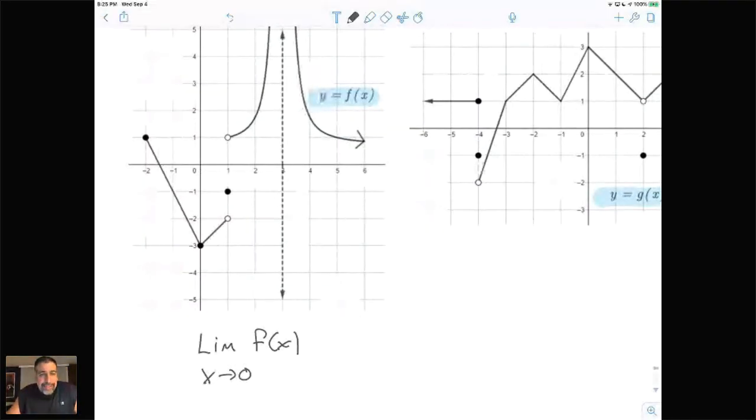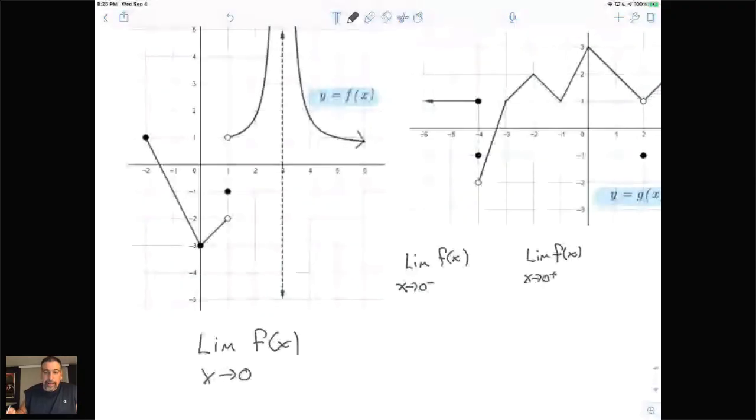I can't stress to you guys enough, it's about coming from the left and coming from the right and making sure that they agree. I just told my students today, I don't ever want you to answer the overall limit until I see you show me what's happening on the one-sided limits. So every single time you want to look at this by saying, okay, let's look at the left side, let's look at the right side, let's see what's happening.